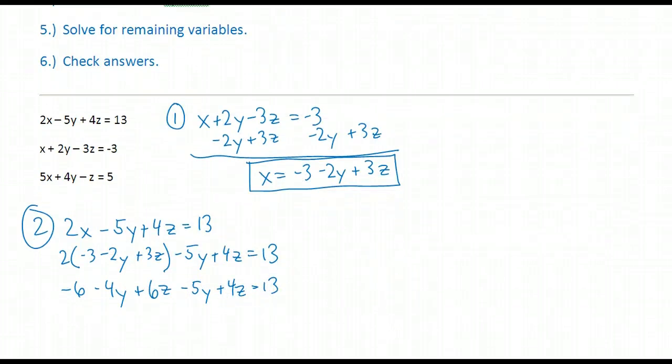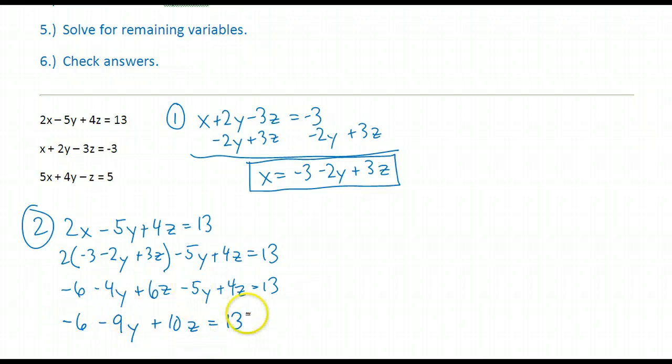Combine my like terms. So I have -4y and -5y gives me a grand total of -9y. 6z plus 4z gives me 10z.